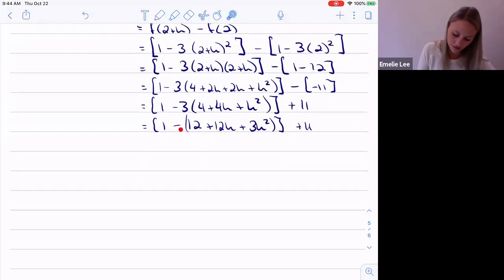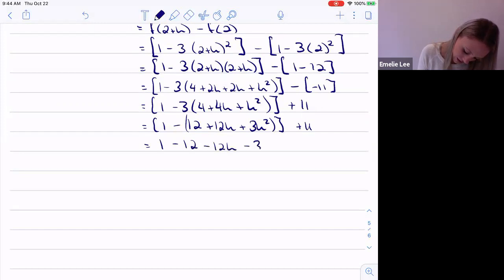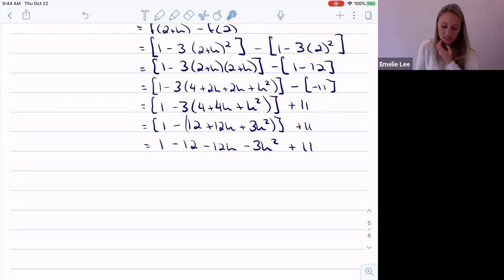Now I'm going to bring this negative inside. So I get 1 minus 12 minus 12h minus 3h squared plus 11. Notice that I ditched the brackets because I don't need them anymore, right? I'm almost at the end here where I'm combining these things, so that's why I got rid of those brackets.